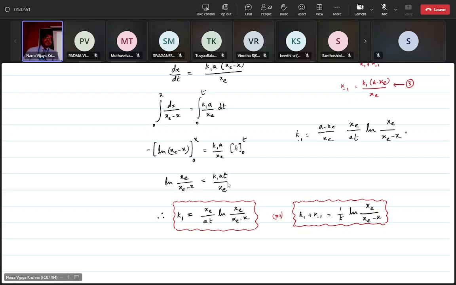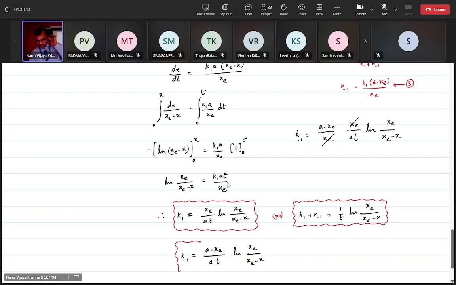Acceptable? Correct? xe is gone. So the equation is k minus 1 equals (a minus xe) upon a t ln xe upon (xe minus x). This is the third equation.